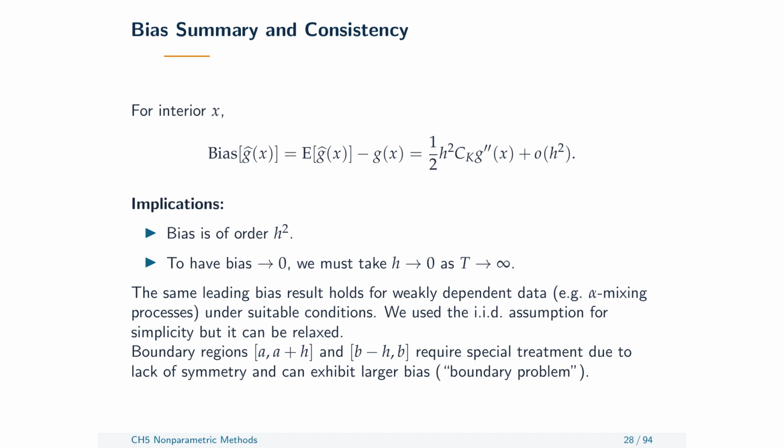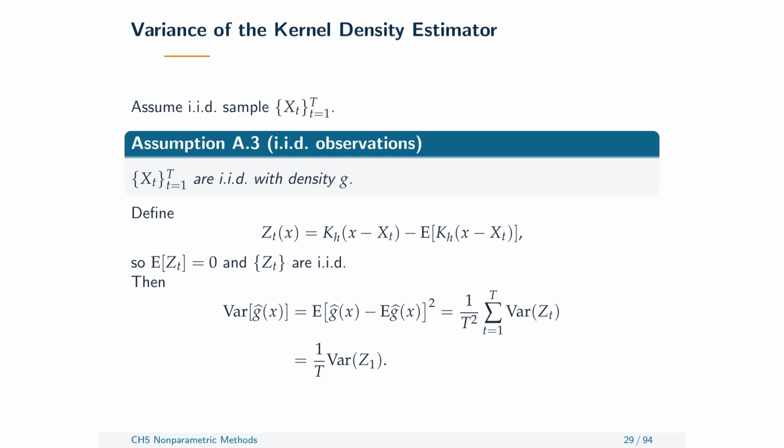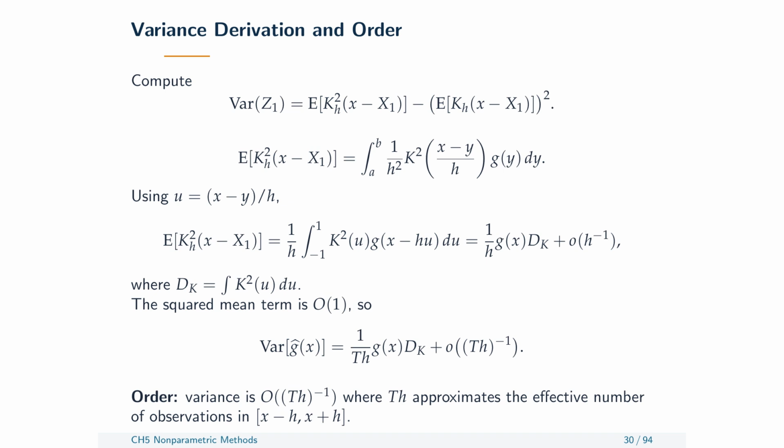So we cannot let the bandwidth shrink too quickly because then each estimate leans on too few observations. For independent observations, the leading variance is proportional to the true density at the target and to the integrated square of the kernel. It is inversely proportional to the sample size multiplied by the bandwidth.